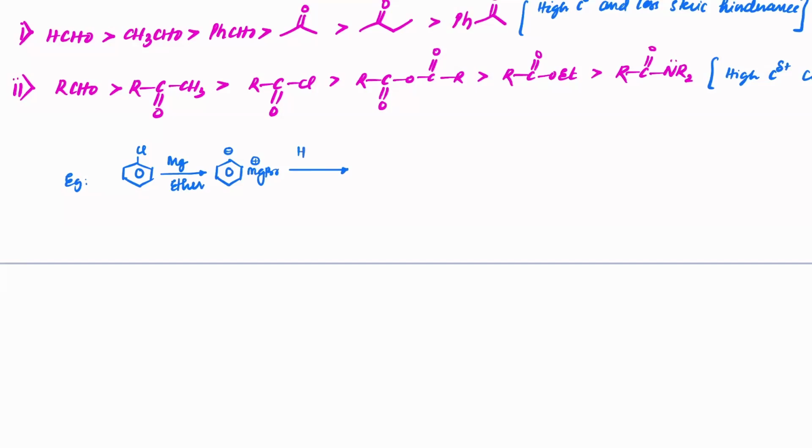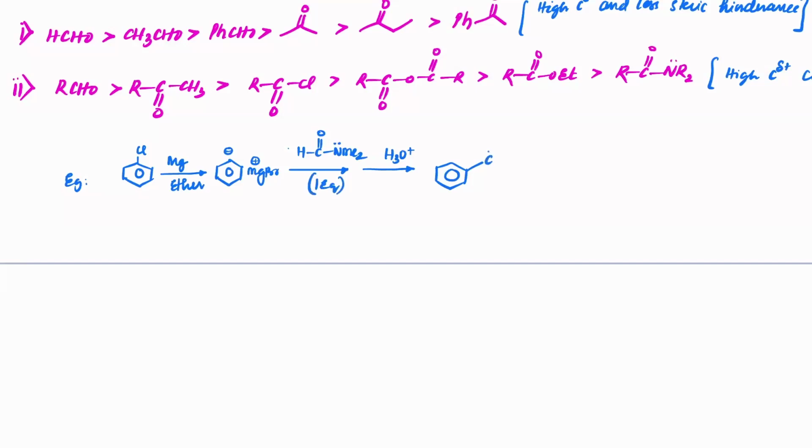That is, if you react with HC double bond O NMe twice, this one first, followed by hydrolysis, then what do we get? We know that first a nucleophilic addition will happen, and thereafter second time also it will get added. Sorry, NH2 will go away here.